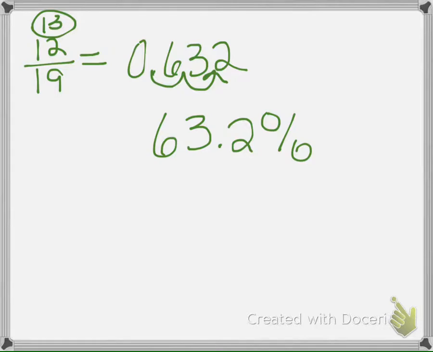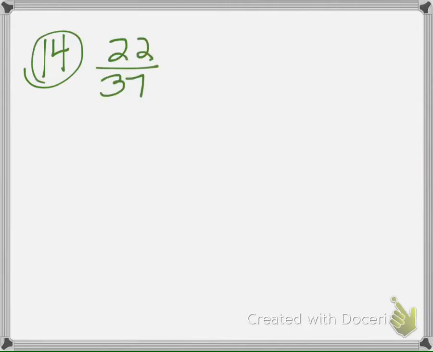So that's for 13. Okay, for 14, we already wrote that as a decimal, 22 over 37. Now, that is a repeating decimal. I'm not going to go into that right now. We will just write that as 0.595.